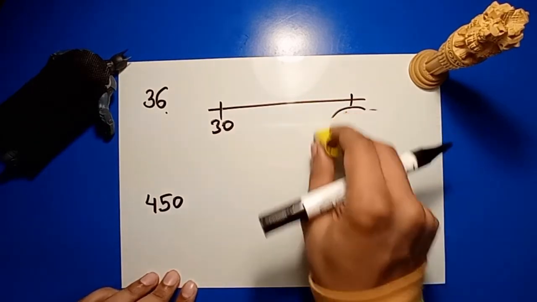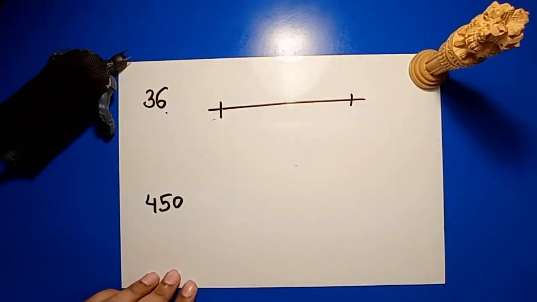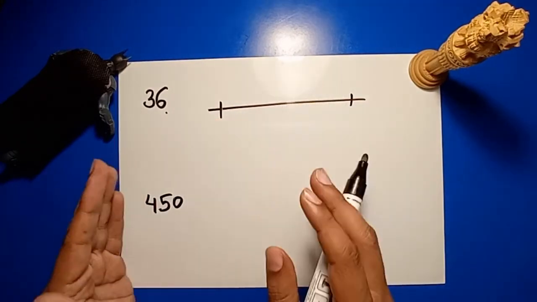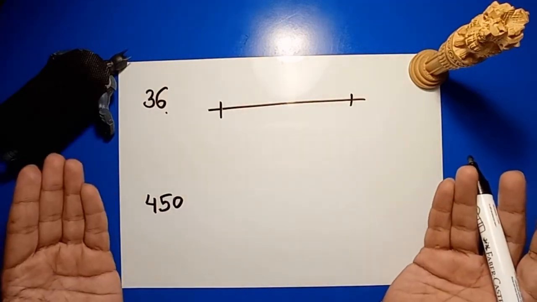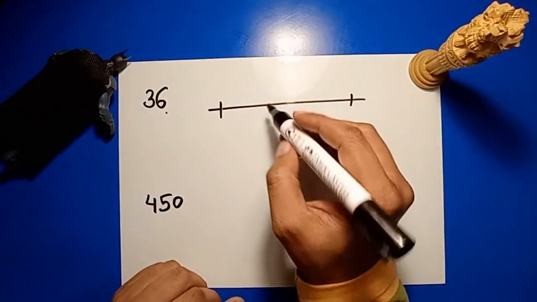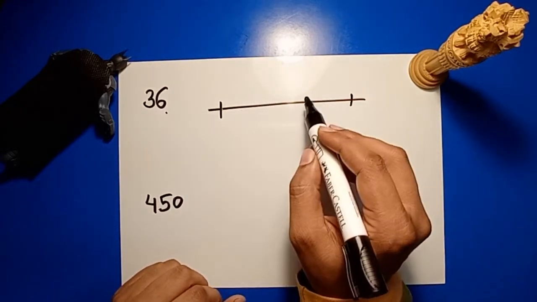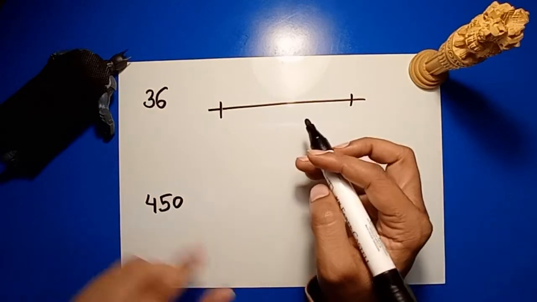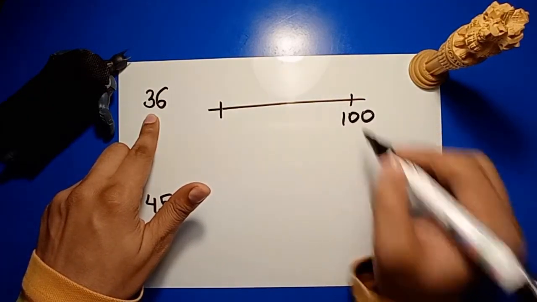Now let's round 36 to the nearest 100. So what are the two hundreds around 36 on this side and this side? Which 100 is bigger than 36? Definitely 100.